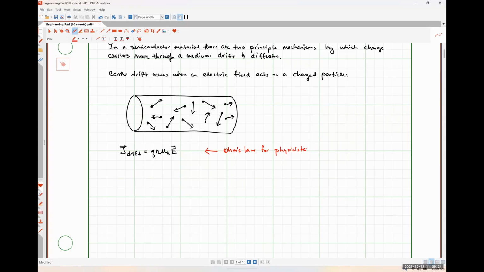So the last two variables in this equation represent the drift velocity of the carrier. So let me just denote that.